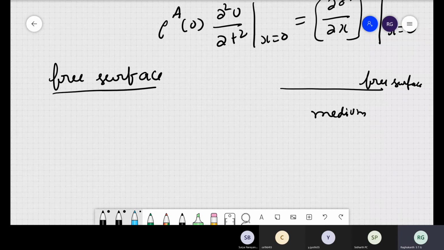What is the boundary condition at the free surface, on the top of the earth? If the surface is free, what is the boundary condition? Free, like free beams. When you are having a beam, if I say cantilever free end, what is the boundary condition at the free end generally?